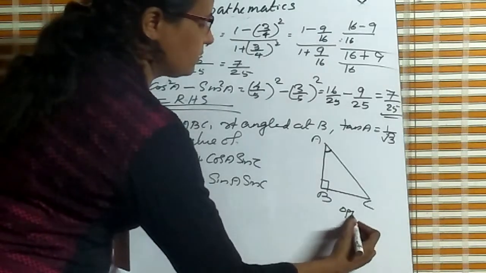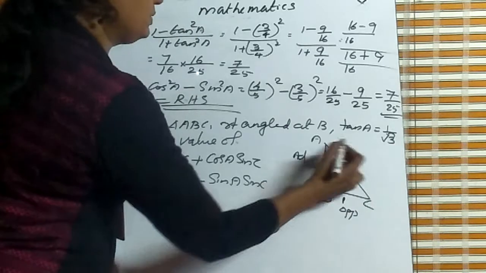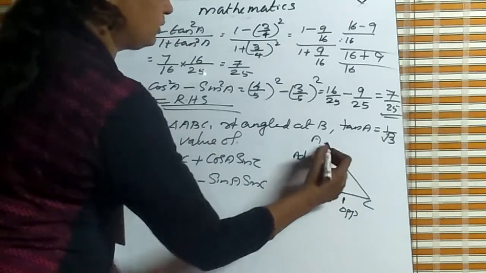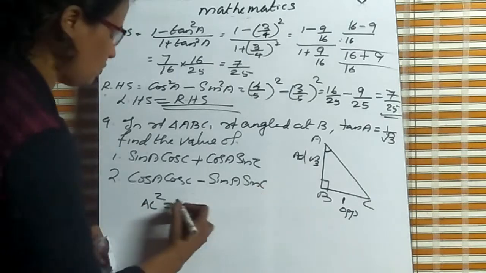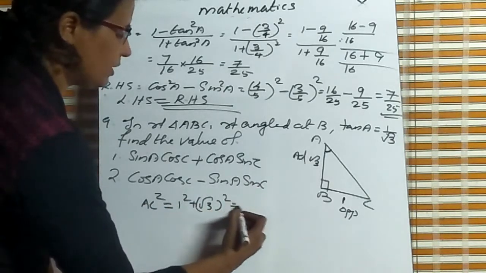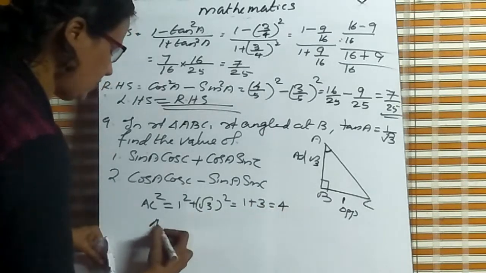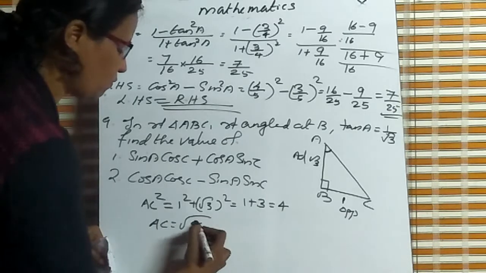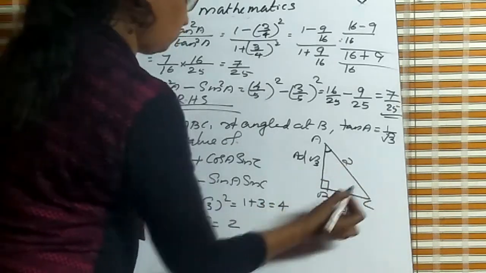This is the opposite side and this is the adjacent. Opposite is 1 and adjacent side is root 3. We have to find AC. AC square is equal to 1 square plus root 3 whole square, 1 plus 3 is equal to 4. So AC is equal to square root of 4, which is 2 units.